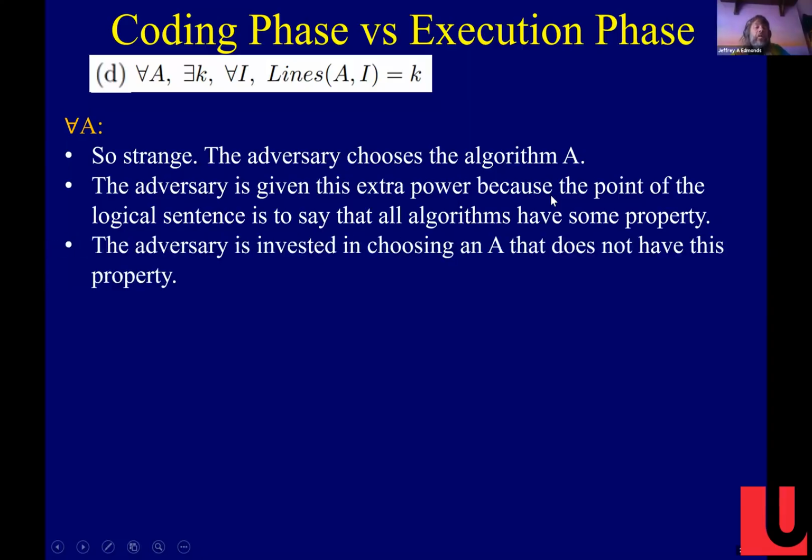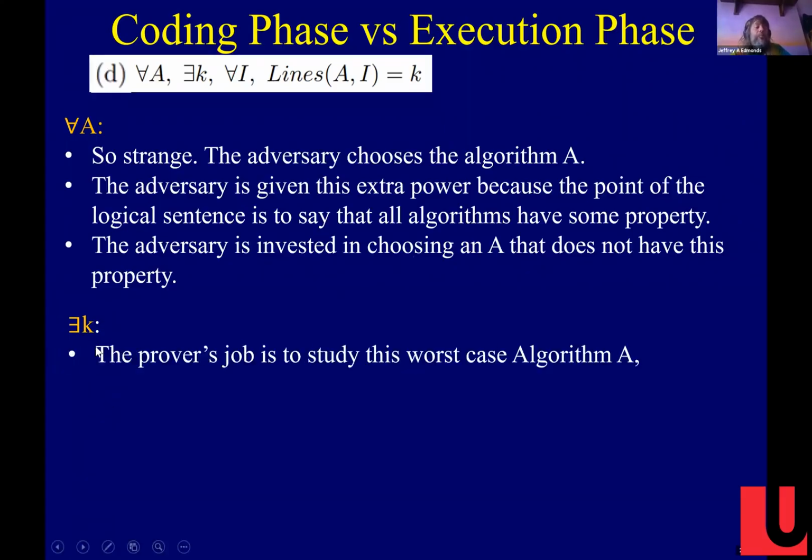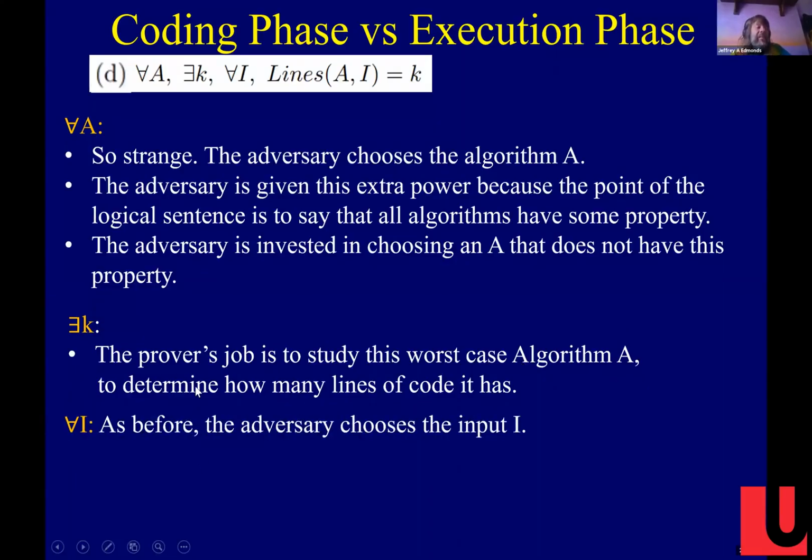The adversary is invested in making this false, so the adversary will give us some algorithm that's very hard. And then, knowing the algorithm, the prover's job, again, we're not talking about a computational problem, is just to study this algorithm, determine how many lines of code it has, and give that K.